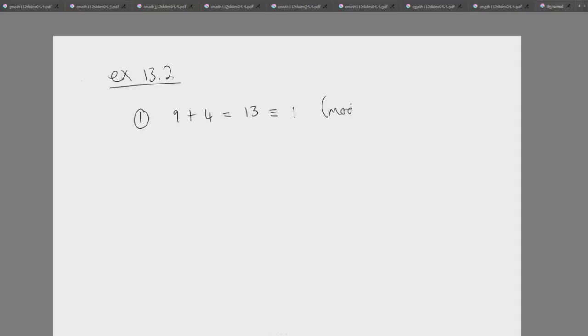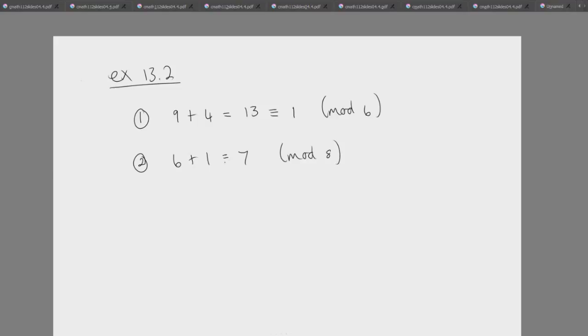So it's 1 mod 6. Next one, 6 plus 1 is what mod 8? 6 plus 1 is 7. And 7 is a perfectly valid number in my mod 8 circle, so I can stop right there.